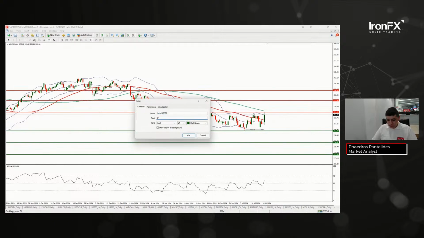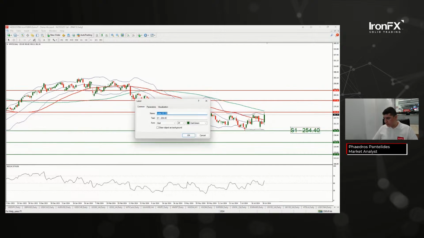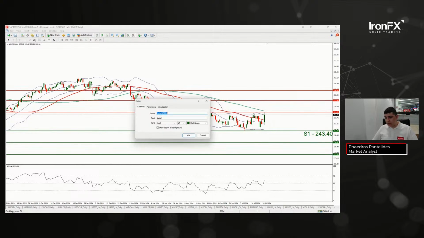It's 1, 2, 3, 243.40. That is S1. 230.60 for S2.